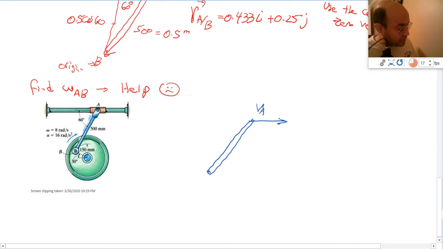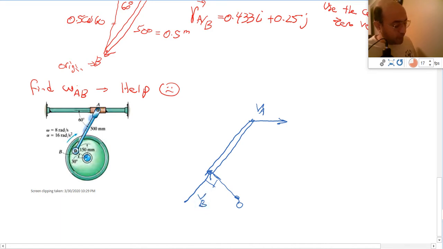So the line of action here is going to be something like this. So your velocity is in this direction. So the velocity of point B is along the member AB. The reason for that is because it's perpendicular to the line that's coming from point O, right?